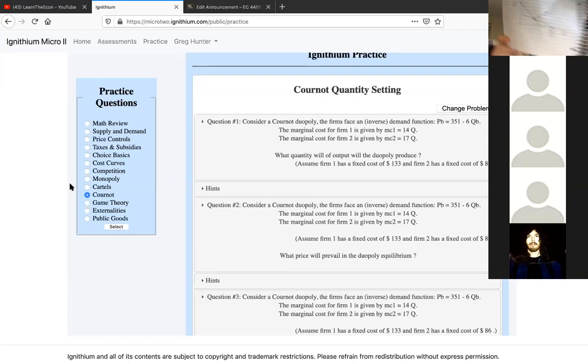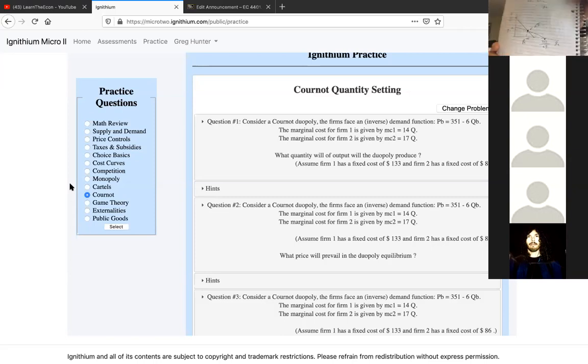Okay. So we have the reaction function for firm 1, and we have the reaction function for firm 2, and so then we find the intersection of those two reaction functions, and that'll give me a Q2 NE and a Q1 NE.